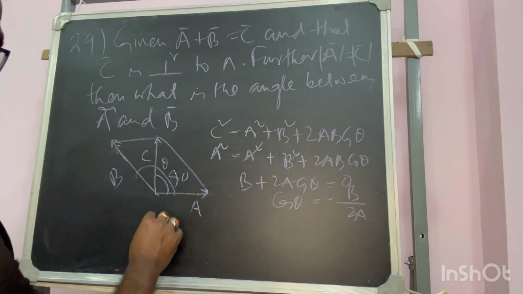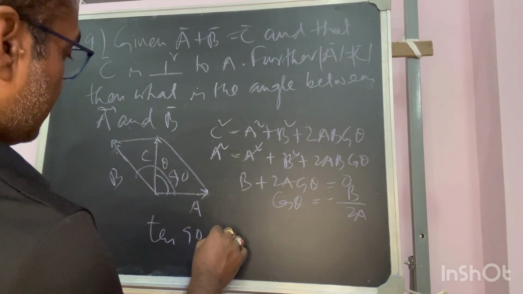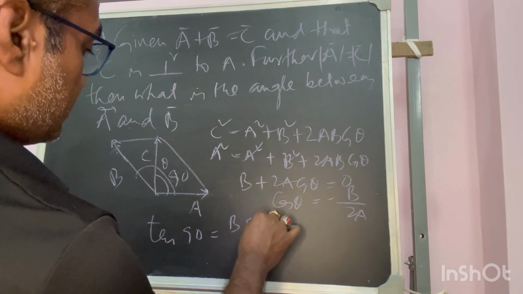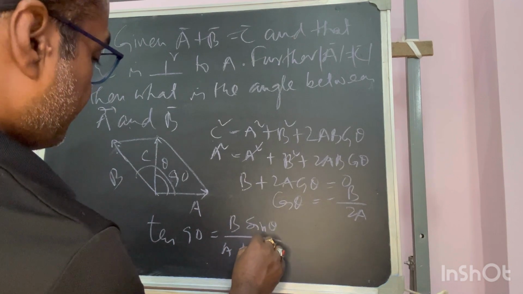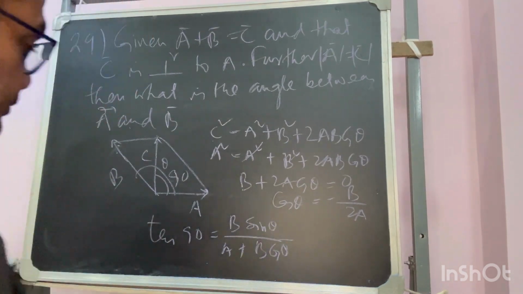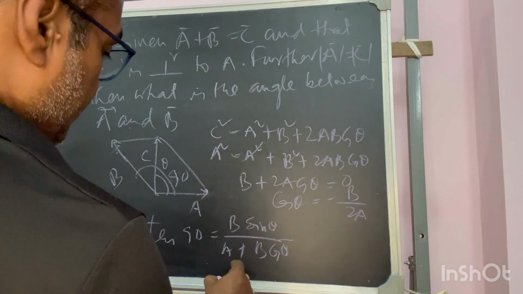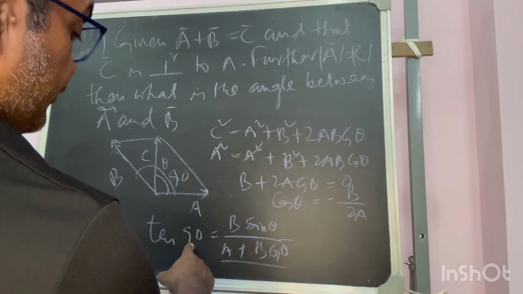And if I take the angle of tan of 90, that also I think it will give the same thing, B sine of theta by A plus B cos of theta. So from there, this has to be tan 90 is equal to infinite, so the denominator will be 0.